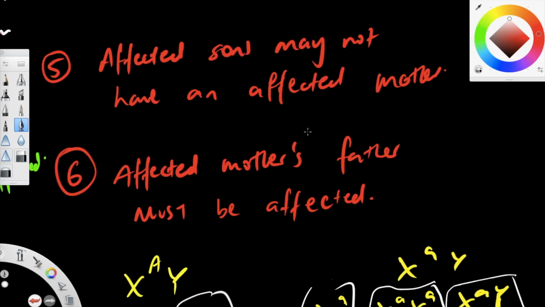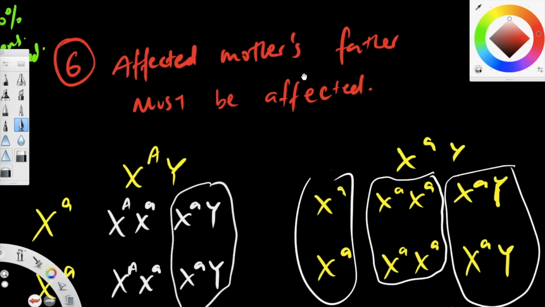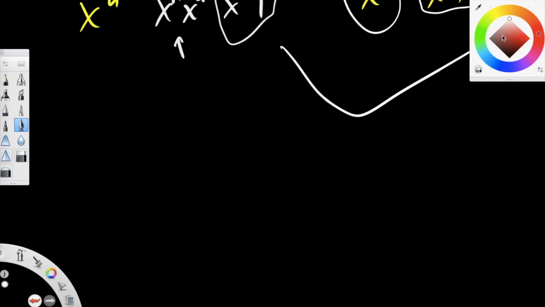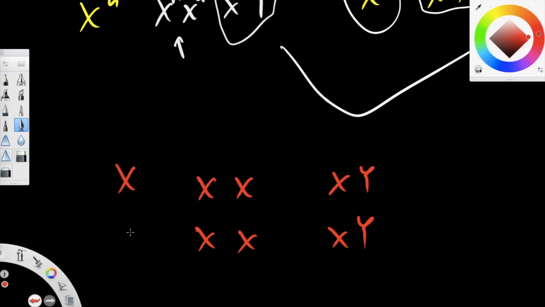Affected sons may not have an affected mother. Let's just see how this is the case. So let's just do a Punnett square again. We have X and X, X and X, X and Y, X and Y. So if the mother is a carrier, let's see what happens. Right? So if the mother is a carrier and the father is, let's just say, affected.